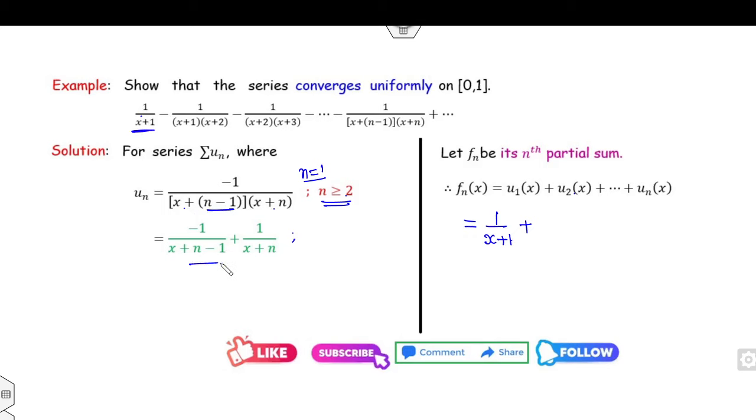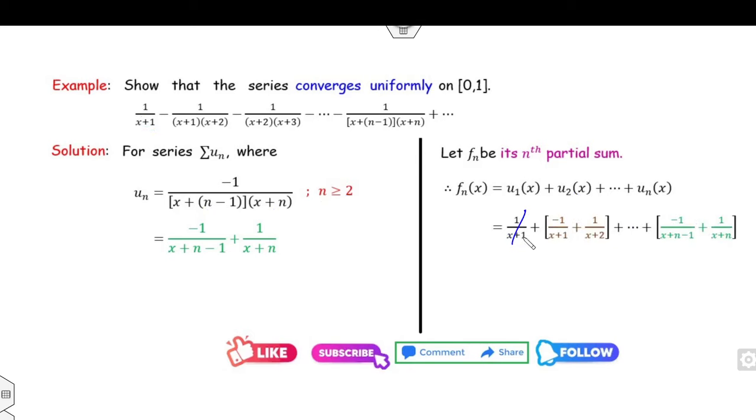I can substitute n equal to 2 here. This value will be minus 1 over x plus 1 plus 1 over x plus 2. Similarly, you can substitute n equal to 3, and so on up to the last term n. Clearly the first value will be cancelled out, the second value will be cancelled out, and the only term left behind is 1 over x plus n. Fine. Now we have defined the sequence.